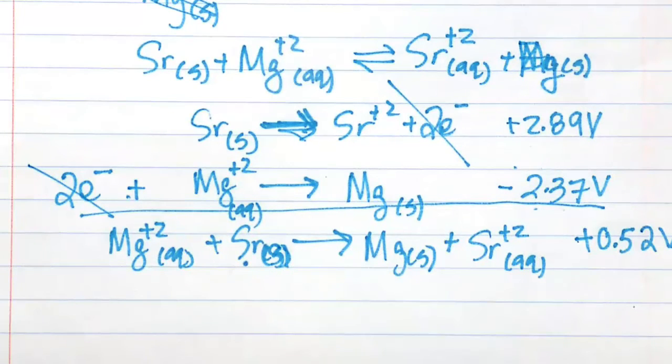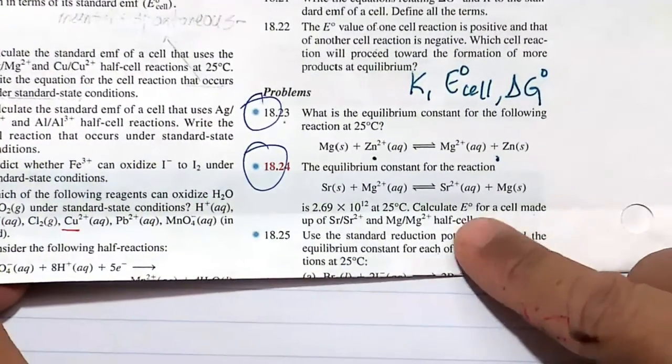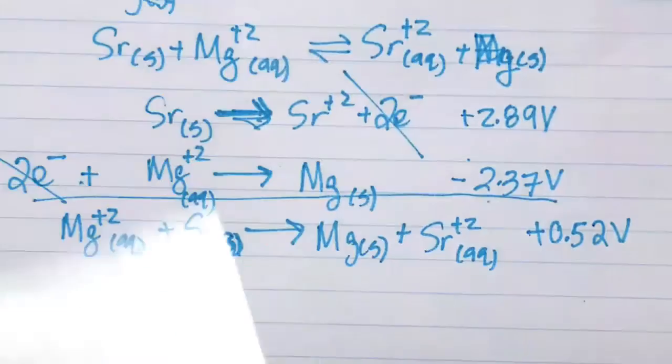So the E cell for this reaction is positive 0.52 volts. It's asking for a calculation of E for this cell, and that is going to be our correct answer.